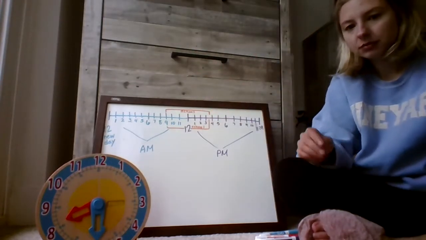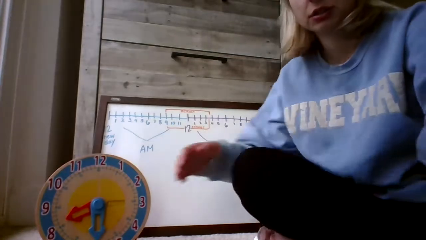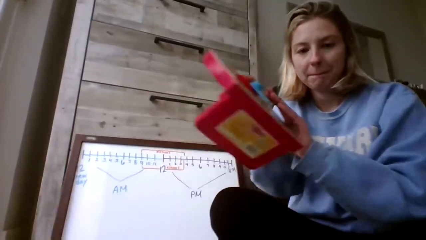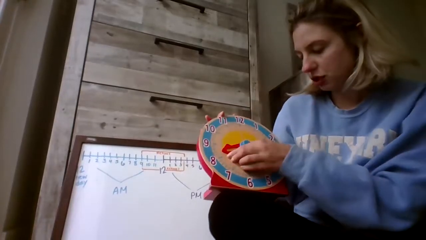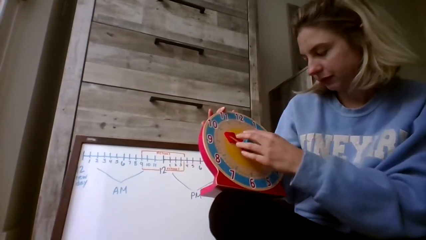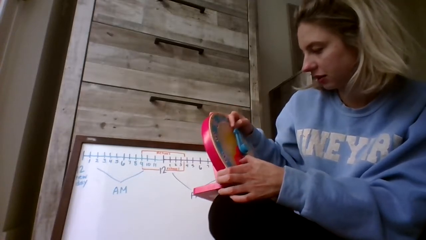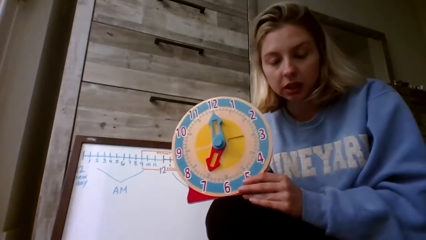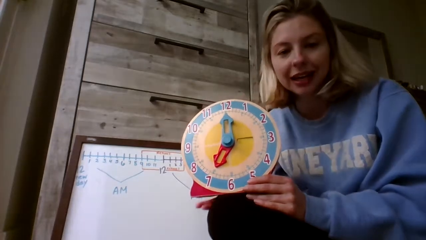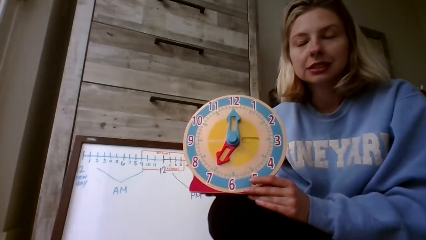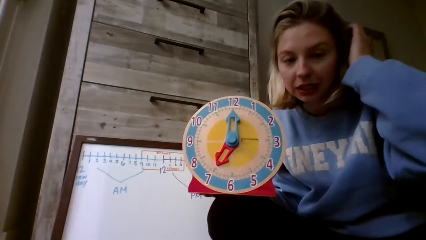Well, let's use the clock first. Let me show you what 7 o'clock a.m. looks like. Remember, the analog clocks cannot tell you if it's AM or PM.